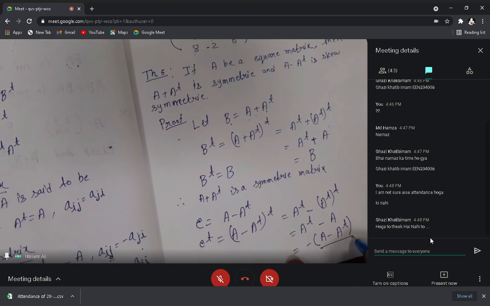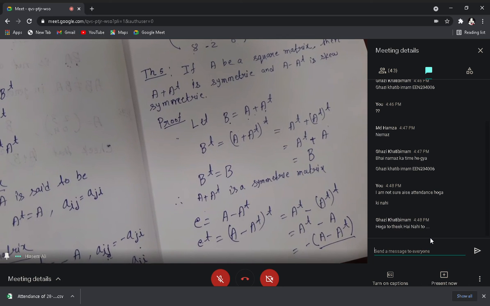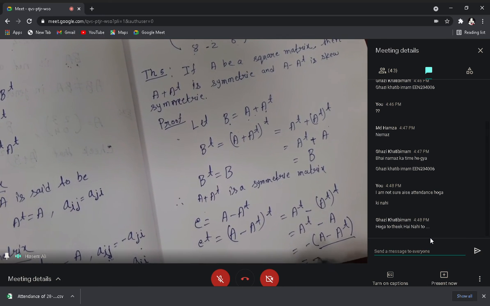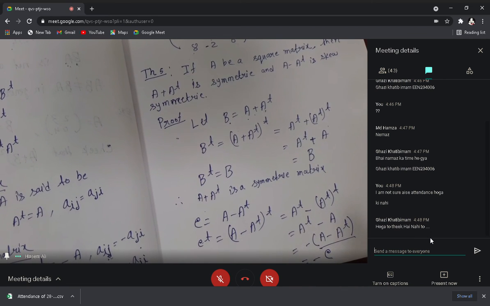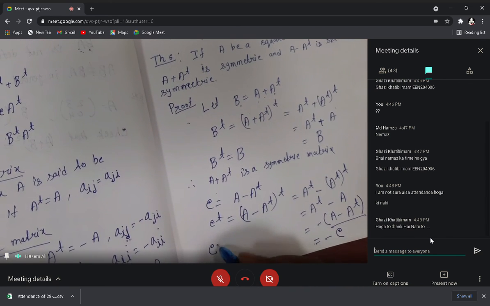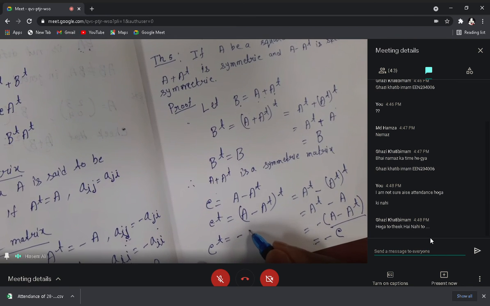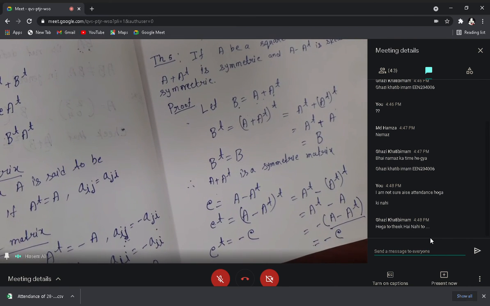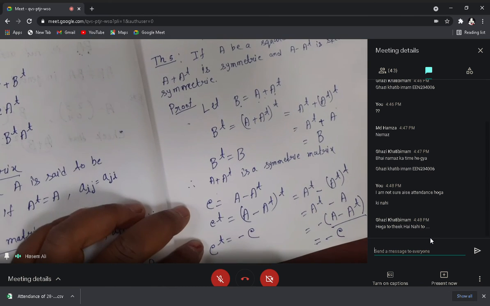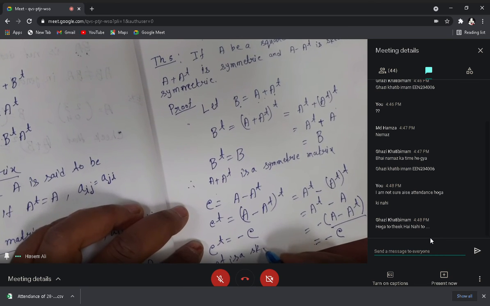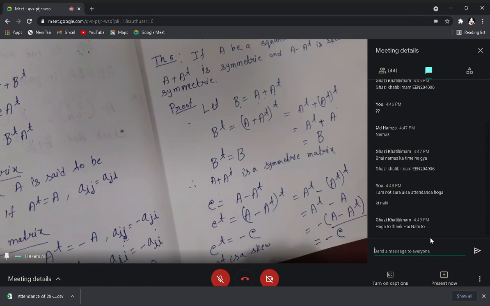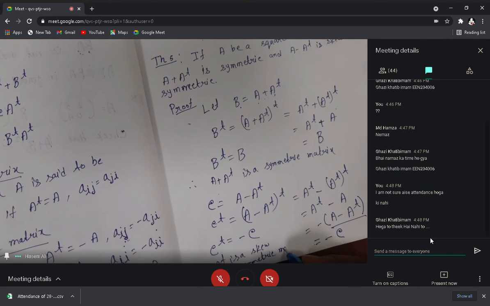And what is this? This is our C. So C transpose equals minus C. So this matrix is a skew symmetric matrix. Therefore, A minus A transpose is a skew symmetric matrix.